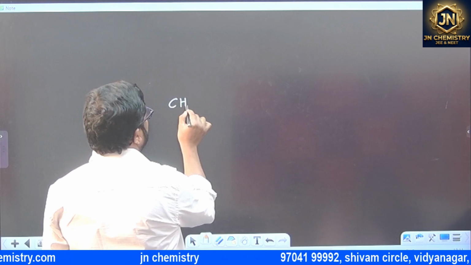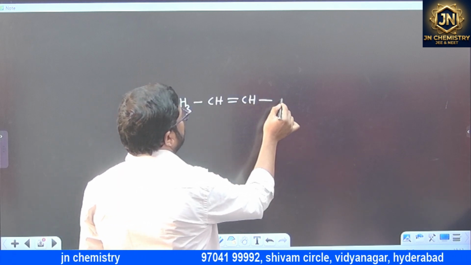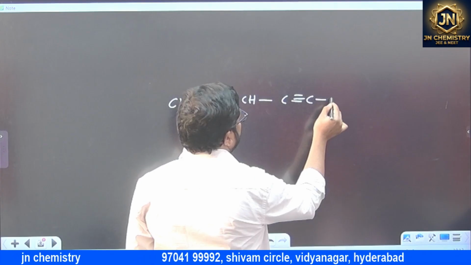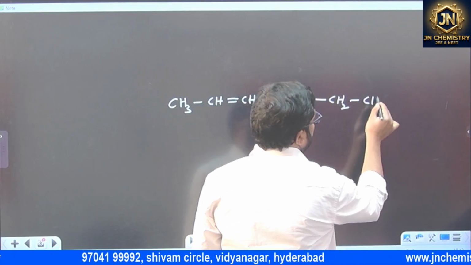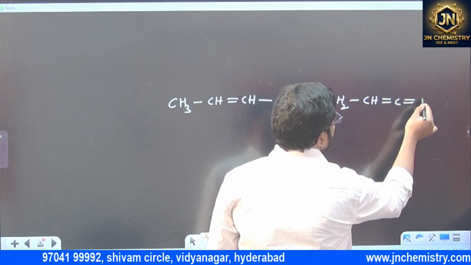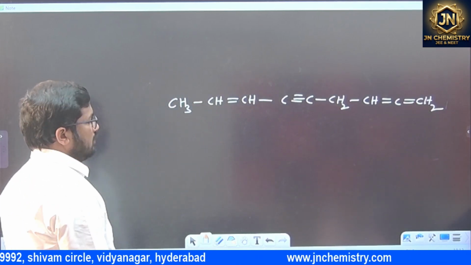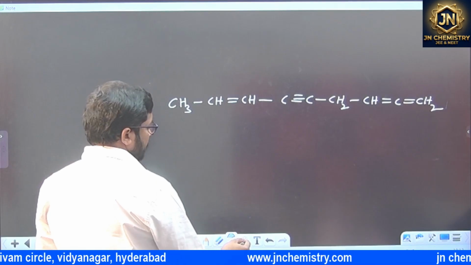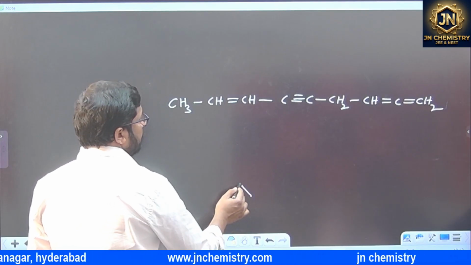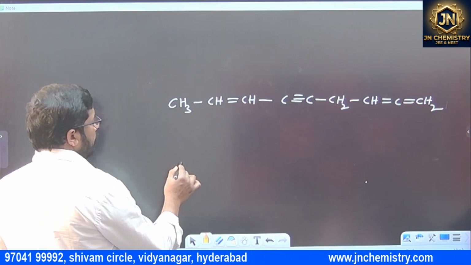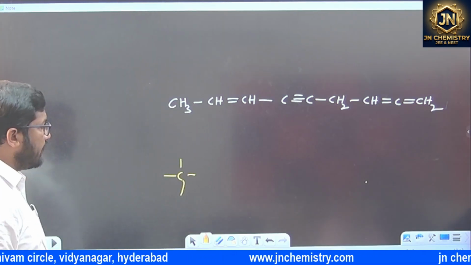Now let me know, right. So first, how many types of hybridization? Write the hybridization of carbons. If the carbon has 4 single bonds, in this case 4 single bonds are there, 3 hydrogens and 1 single bond.